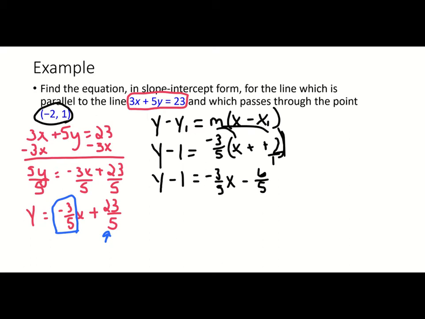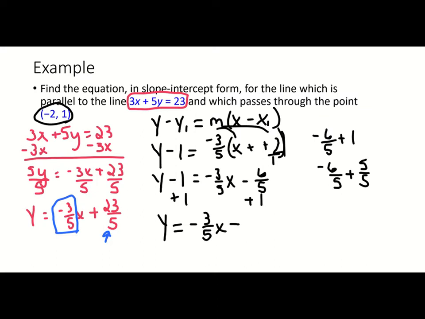Then, to make it into slope-intercept form, I'm going to add 1 to both sides. Now remember, if I have -6/5 and I'm adding 1, we don't want to keep it in whole number form. We are going to put it into fraction form. So I'm going to turn this 1 into 5 over 5, and that will leave me with y equals -3/5 x minus 1/5, because -6 plus 5 equals -1.